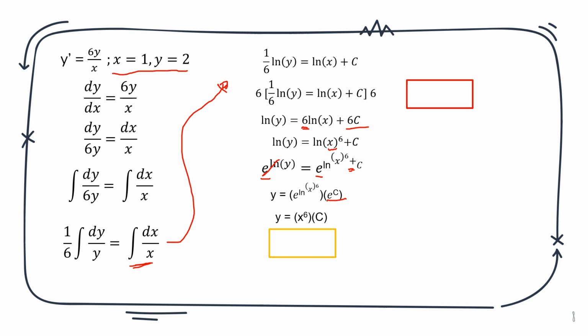So, ito ang mangyayari dyan. Makakancel tong e raised to ln. So, ang matitira na lang ay y is equal to x raised to 6 times c, or we can rewrite that as y is equal to c times x raised to 6. So, ito yung general solution natin.